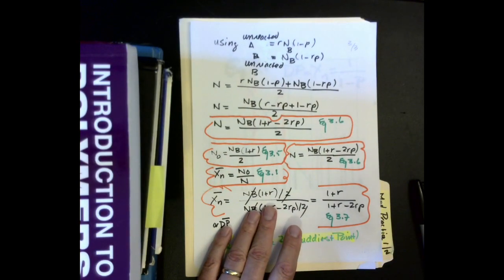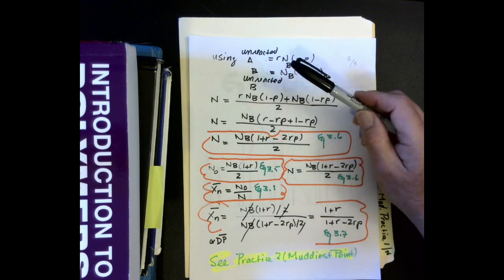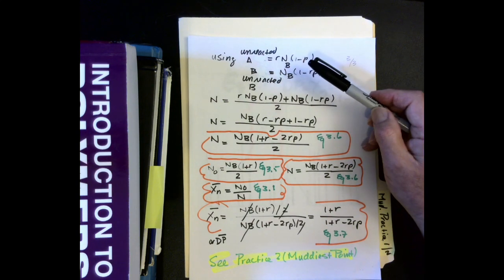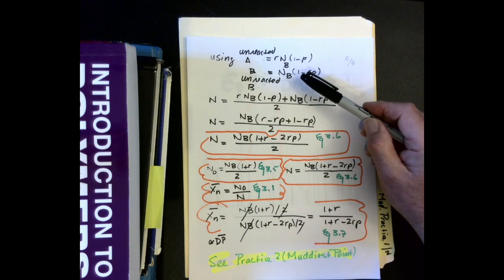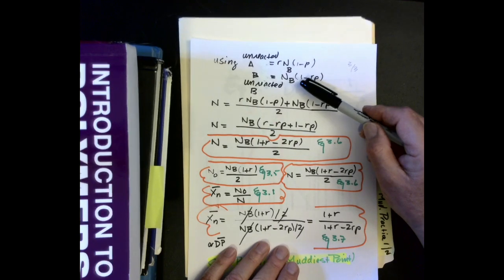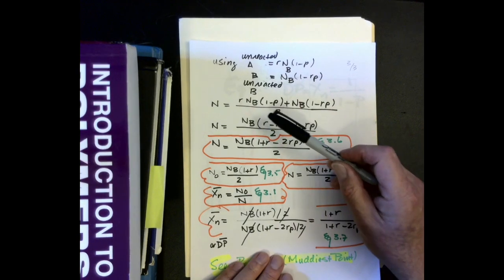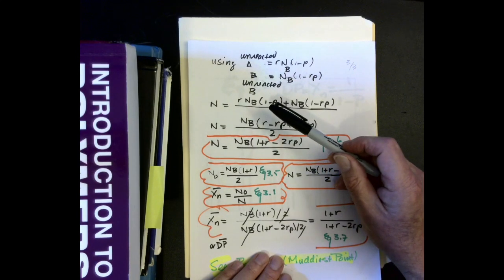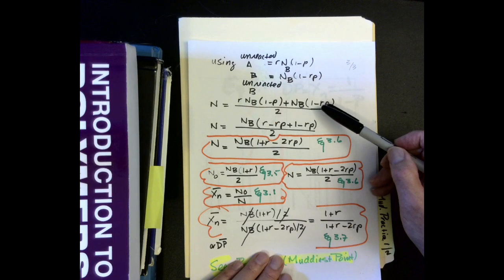So let's use those equations. We have r Nb (1 minus p) for A, and Nb (1 minus rp) for B. If we put these together for N, remember the N? N would be r Nb (1 minus p) plus Nb times (1 minus rp).